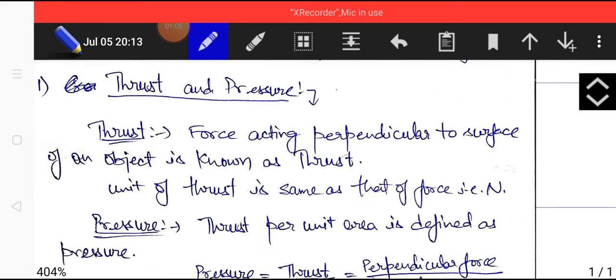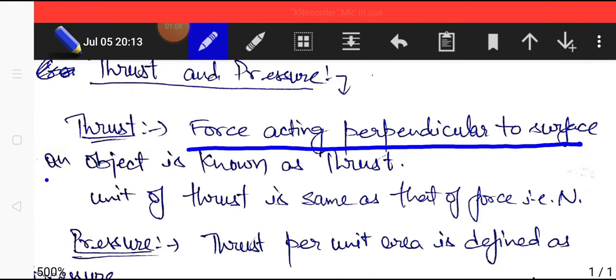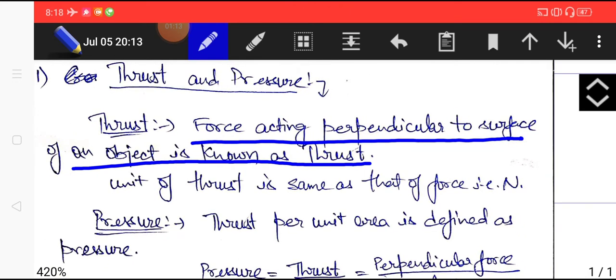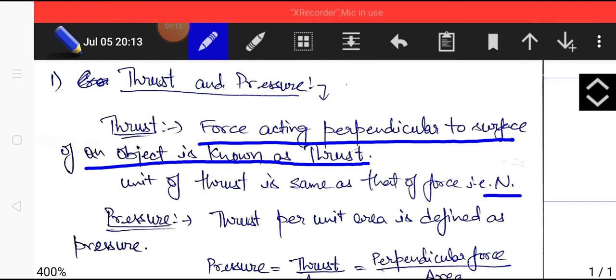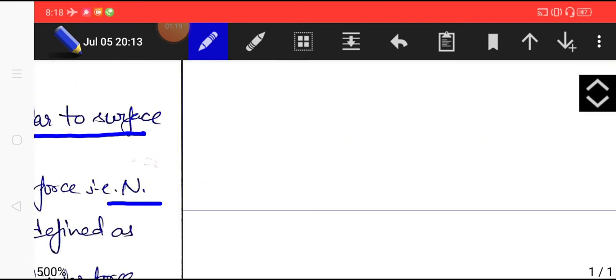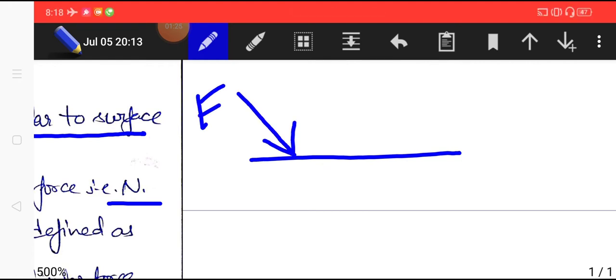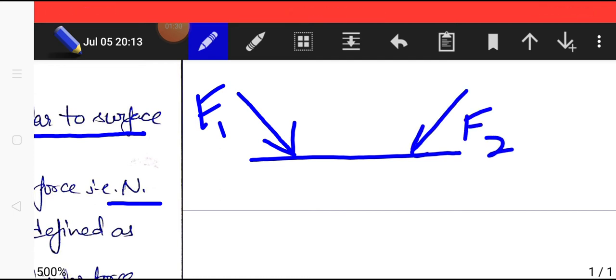What is thrust? Thrust is the force acting perpendicular to the surface of an object. The unit of thrust is the same as that of force, that is Newton. Suppose you have a surface of an object, you may have force in any direction. Like, this is a force F1 and this is a force F2 applied on the surface.